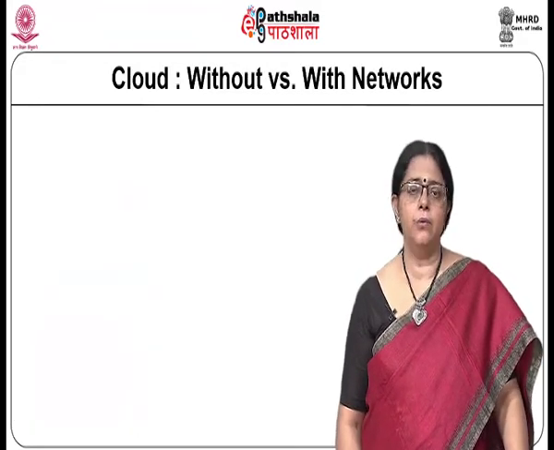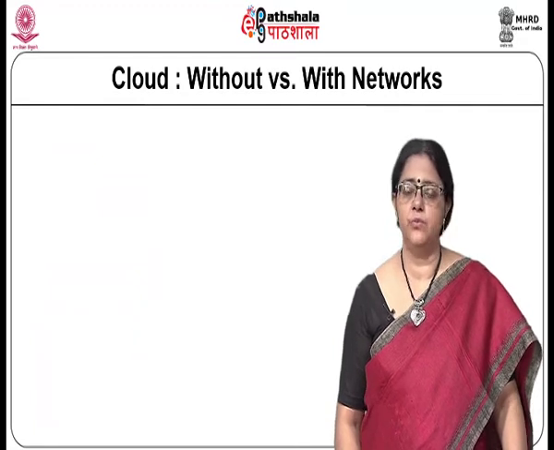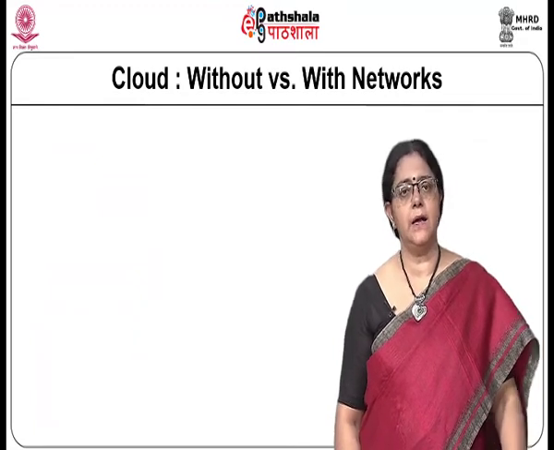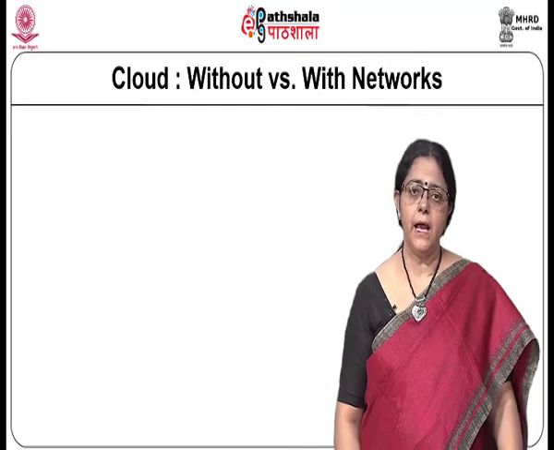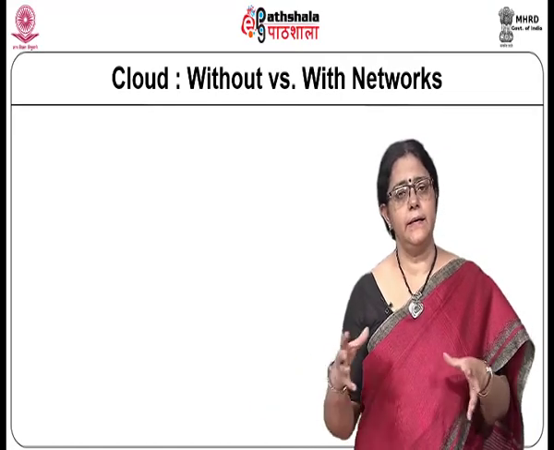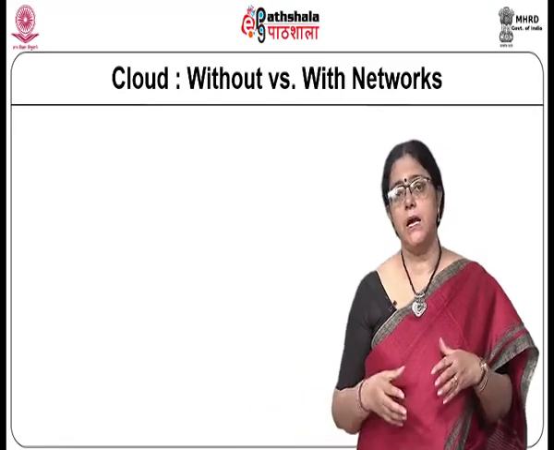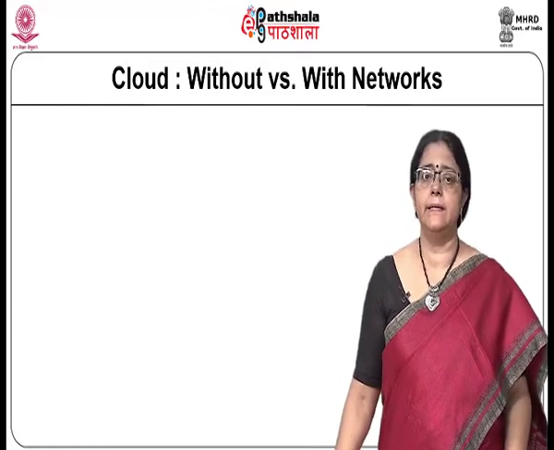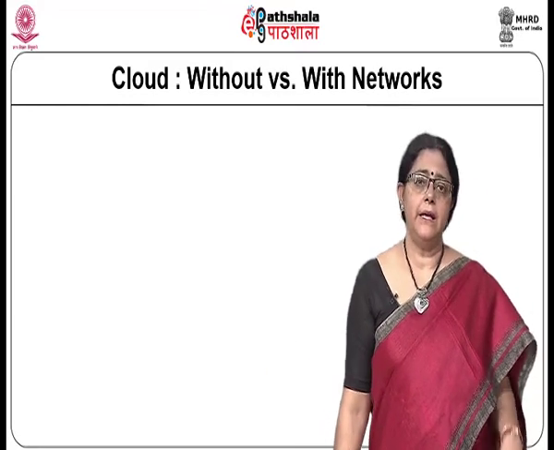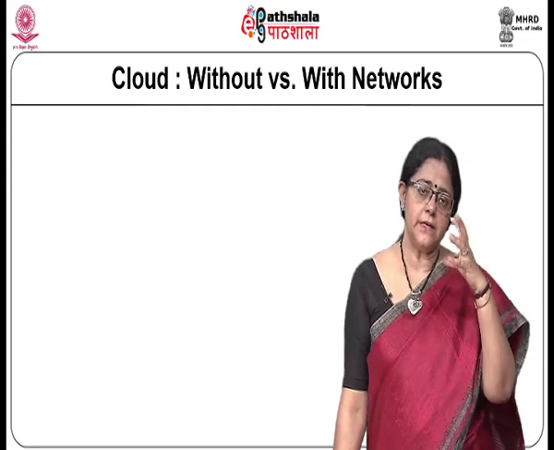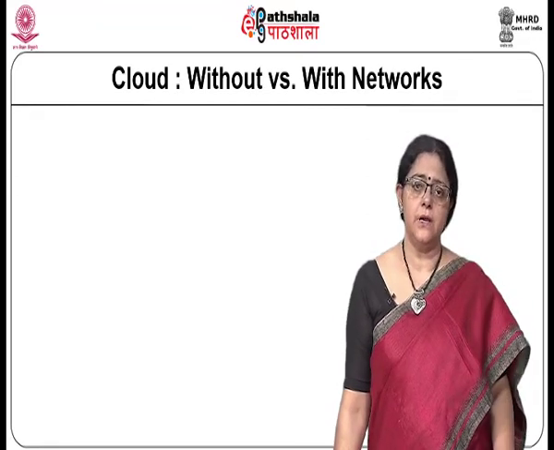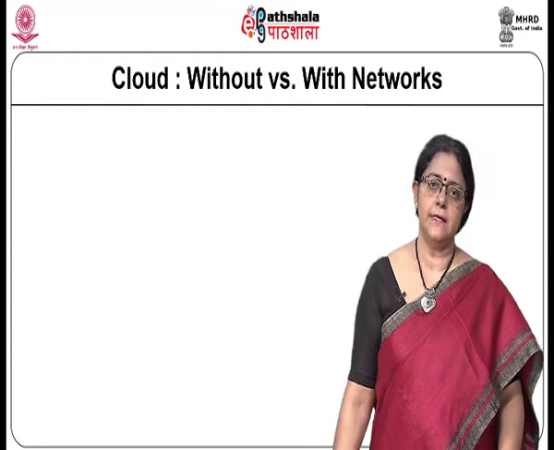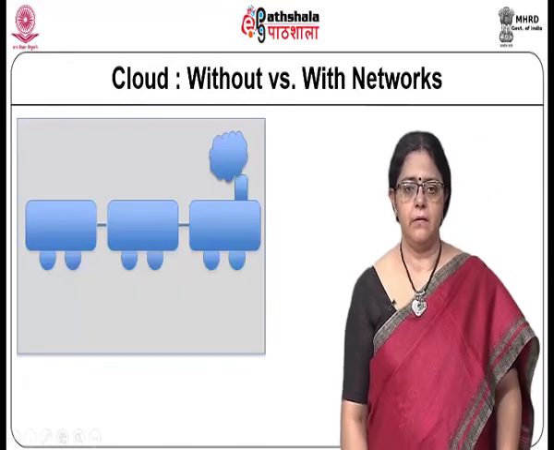If I have a cloud and I do not have networking, then the cloud is an isolated feature. We may have all the data, we may have all the machines, and we may have built a data center, but if I do not connect the data center with the outside world, then the data center does not have any viability.